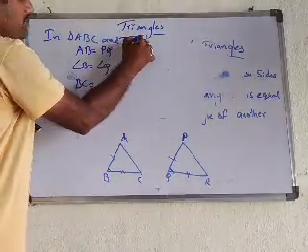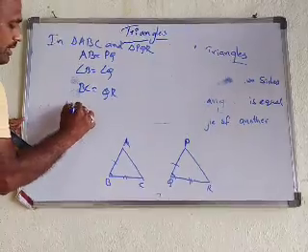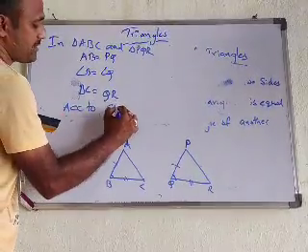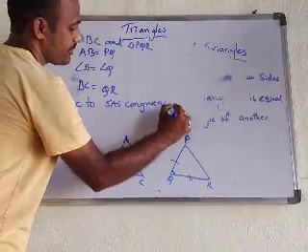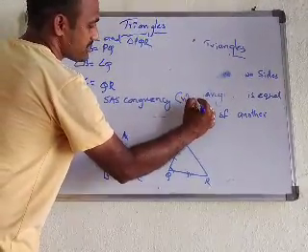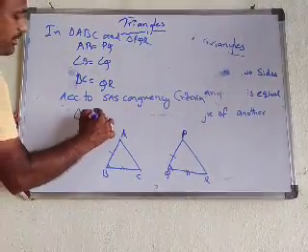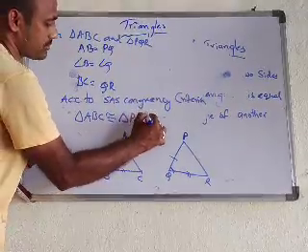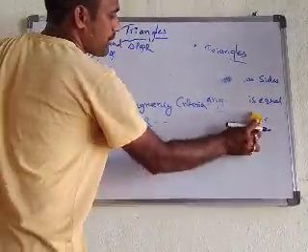In triangle ABC and triangle PQR we can observe that AB equals PQ. So according to SAS congruency criteria, we can say that triangle ABC is congruent to triangle PQR.